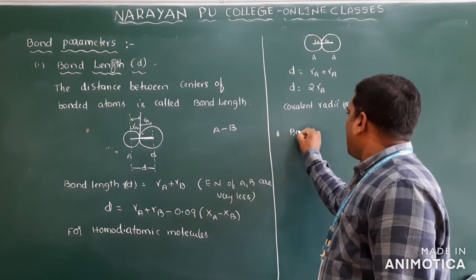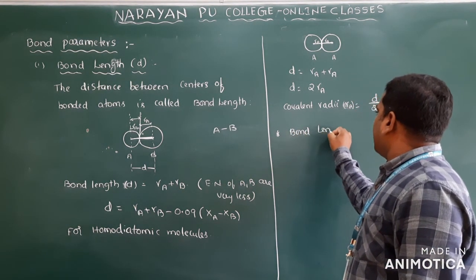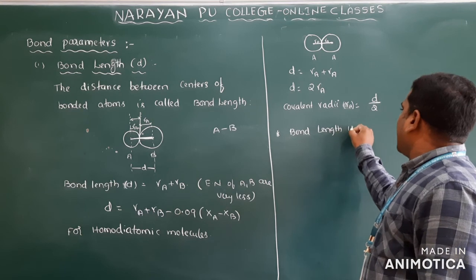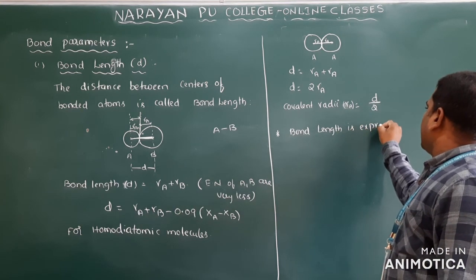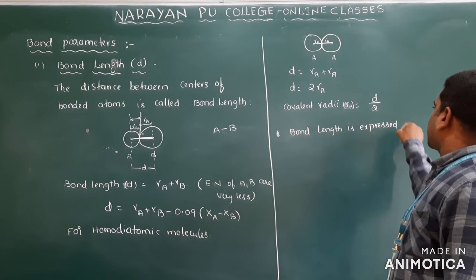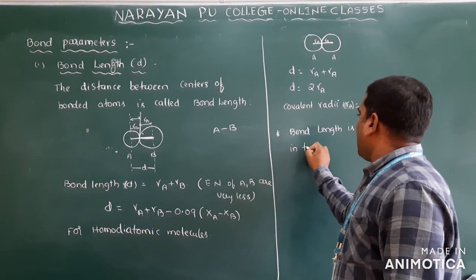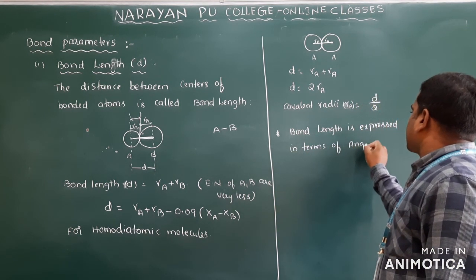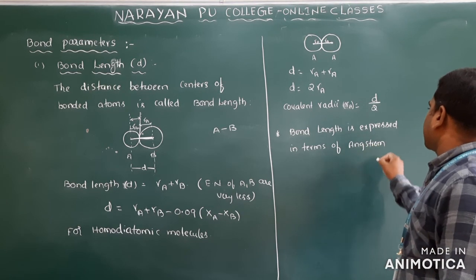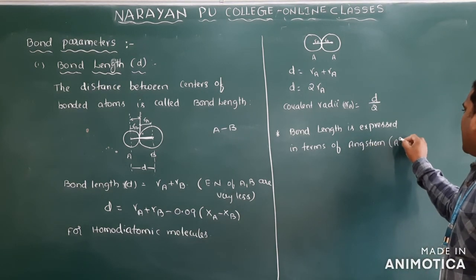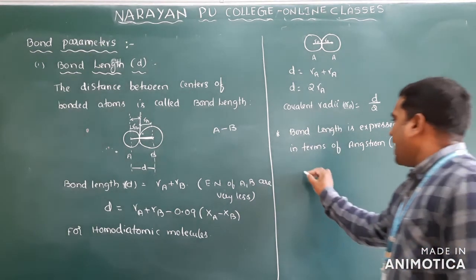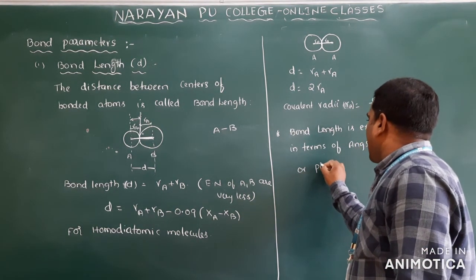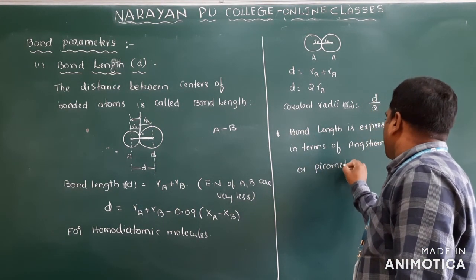Clear? So bond length is expressed in terms of angstrom, denoted by A naught, or picometer.